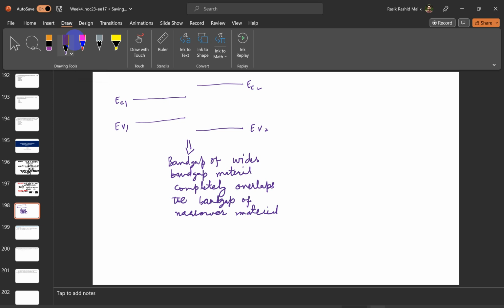Okay, so this we have to consider. If this is the situation, this case is then called the straddling case, and most of the heterojunctions are of this type. So this is case A, which we call the straddling case.